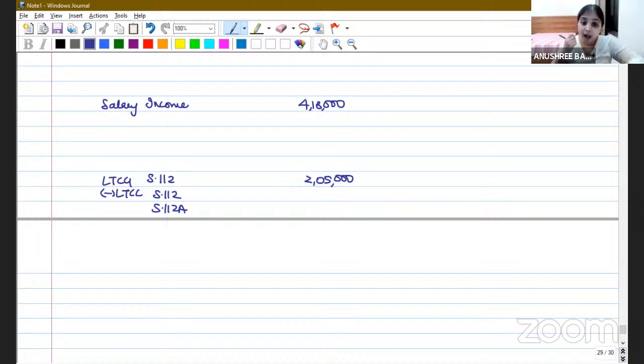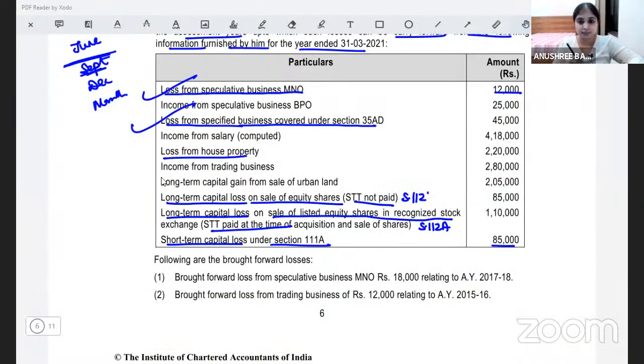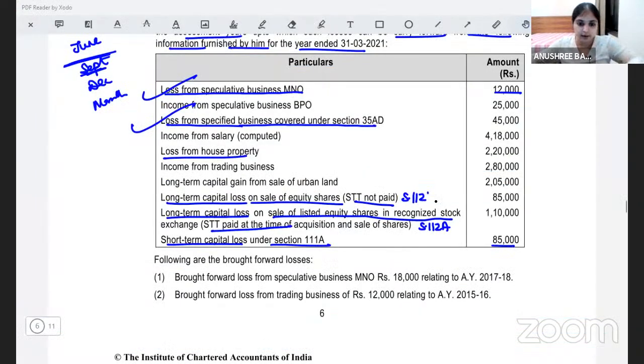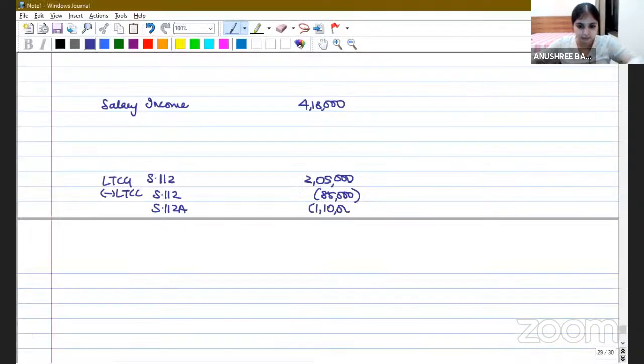Yes, even a 112A loss can be adjusted. After adjusting them both, we are still left with 10,000 of LTCG.